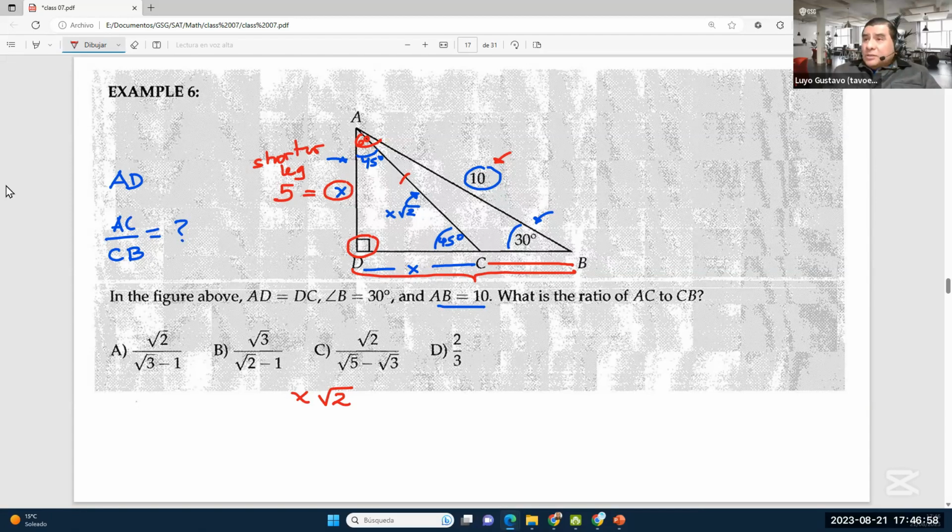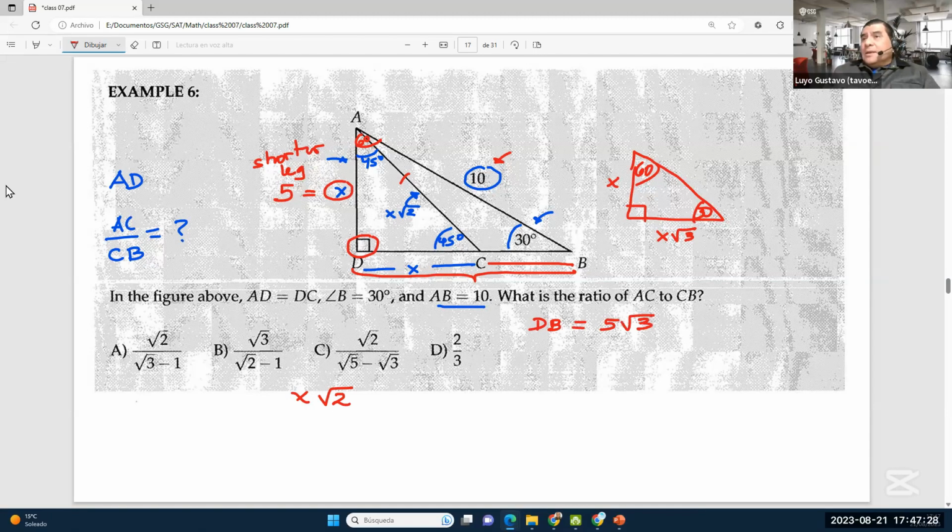Well, according to the properties of this triangle, 60, 30, and right angle, if this is X, this should be X times the square root of 3. So what is the length of DB? DB would be actually 5 times the square root of 3.